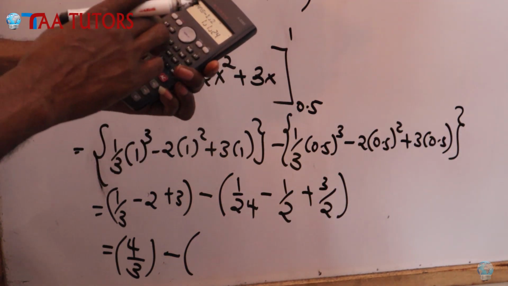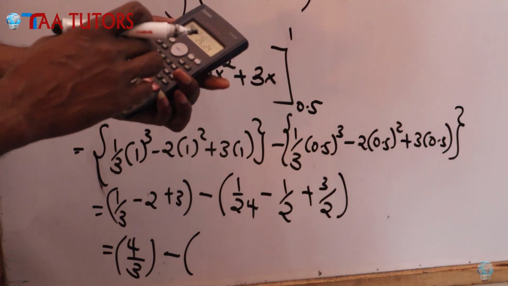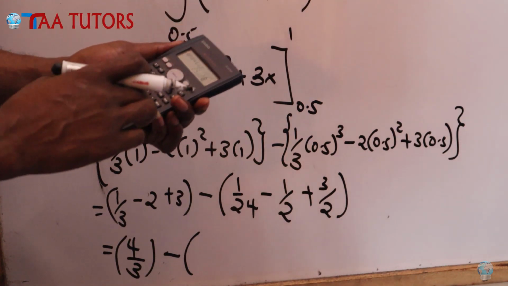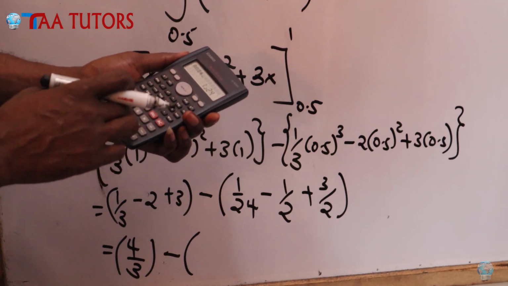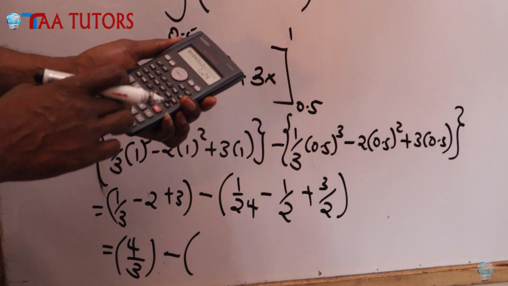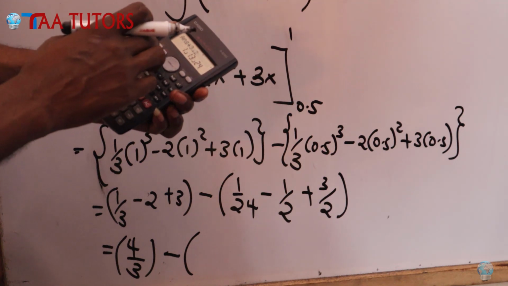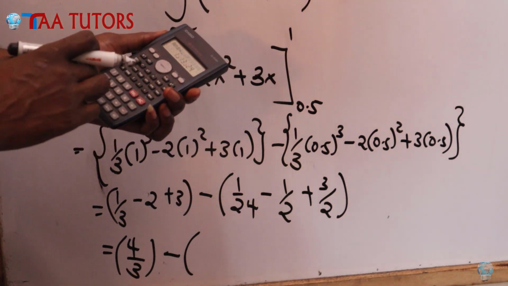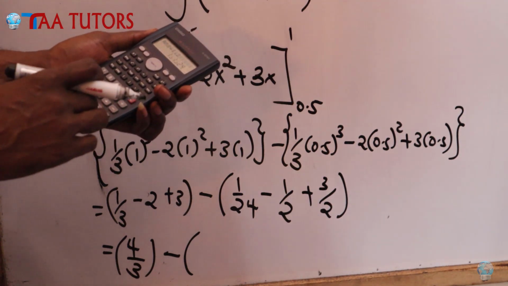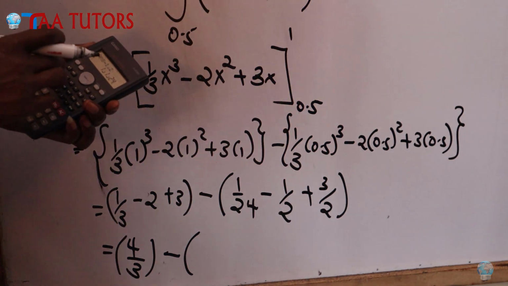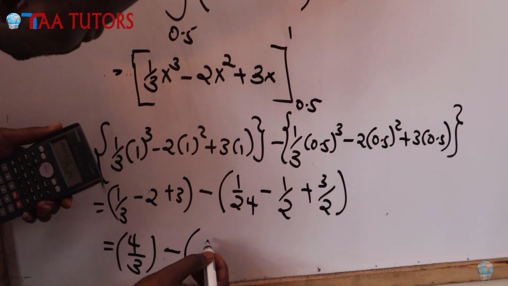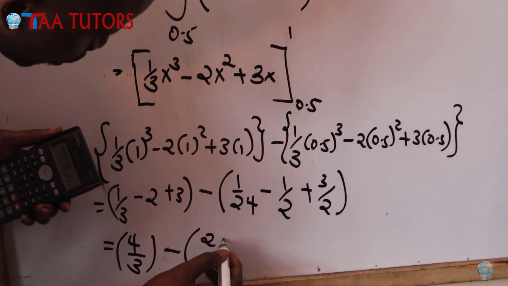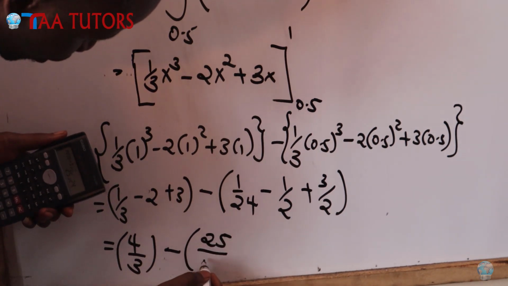We get 1 over 24 plus 3 over 2 minus 1 over 2, we get 1, that is going to be 25 over 24.